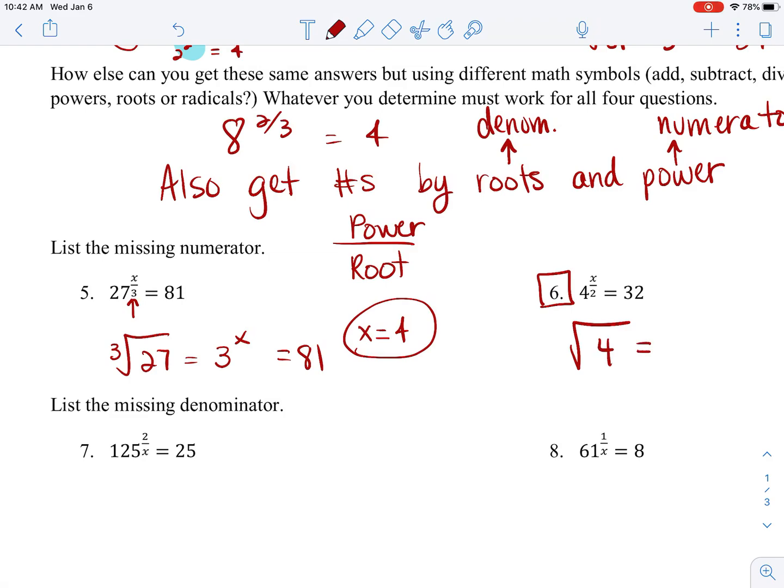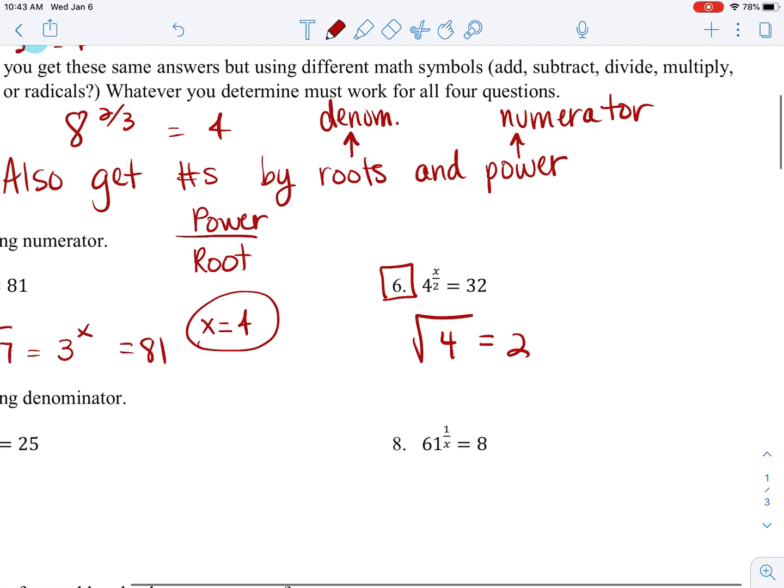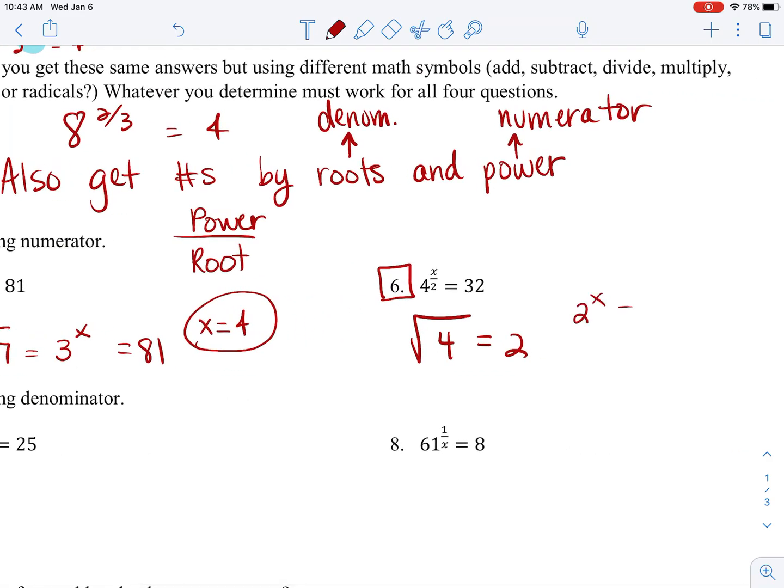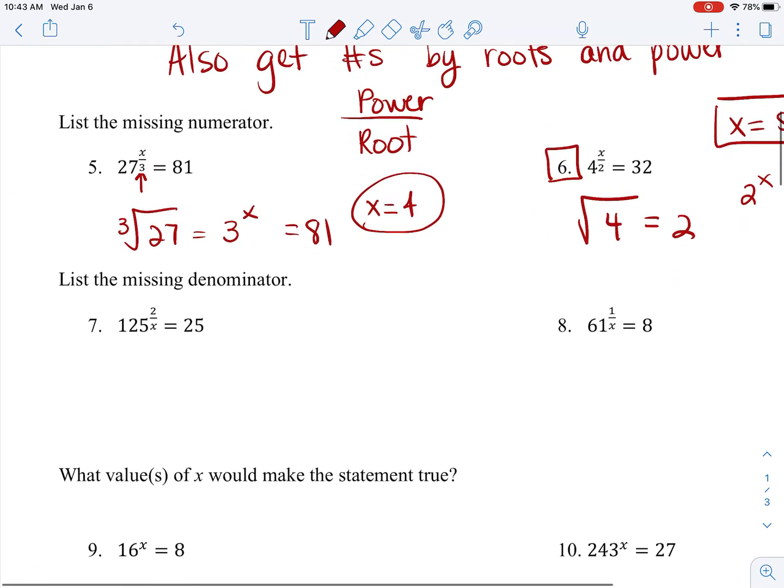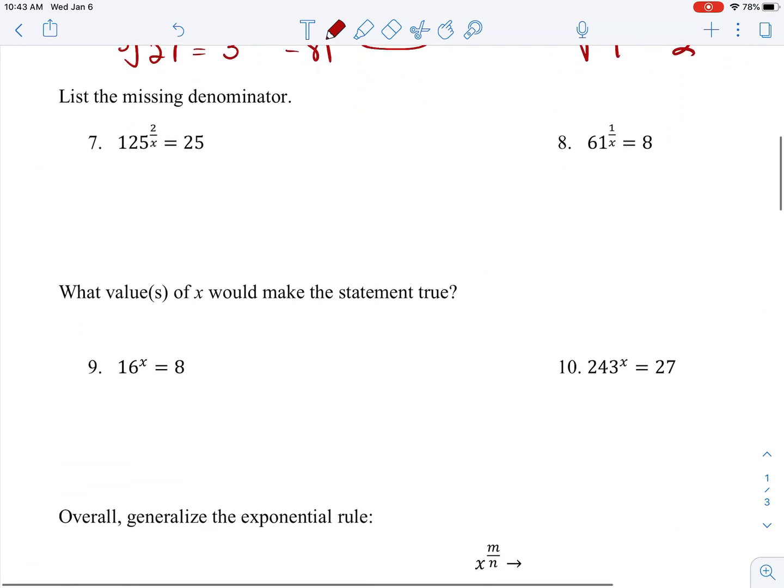So the square root of 4 is 2. So we're asking ourselves, 2 to what power is 32? And that power is 5. So down here, we are now missing the root. We know that there's some kind of root of 125.